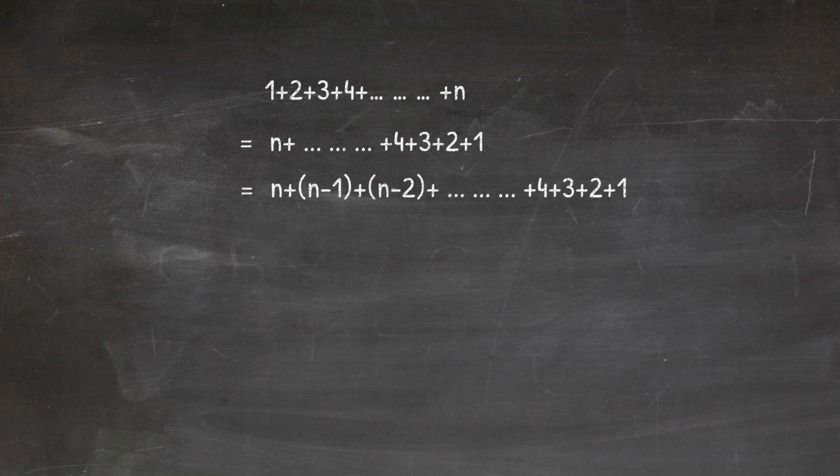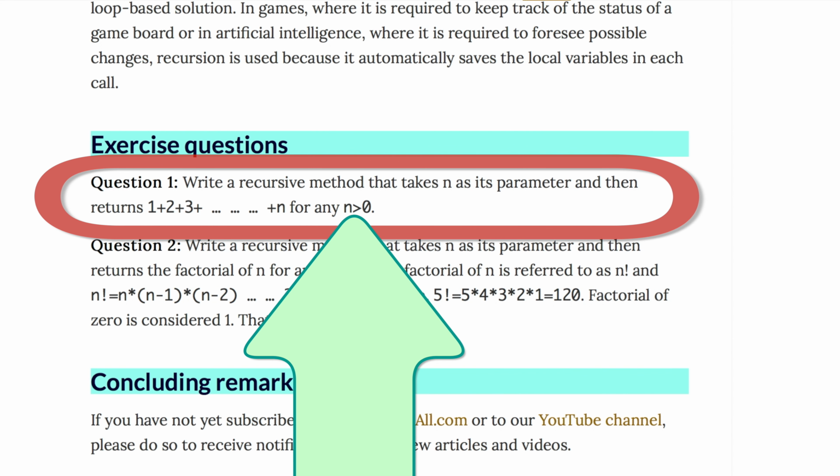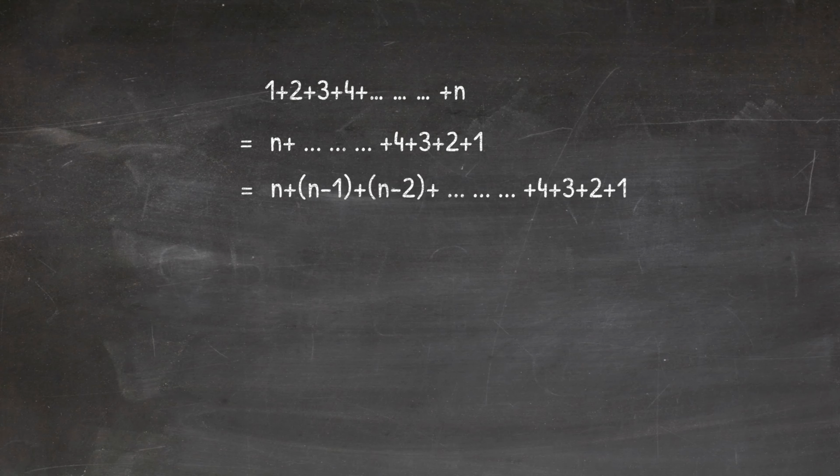We do not add anything smaller than 1 because there is a condition with the problem description that n is greater than 0. That means any number in the series has to be greater than 0 because any number can be considered n since it is the variable to this problem.